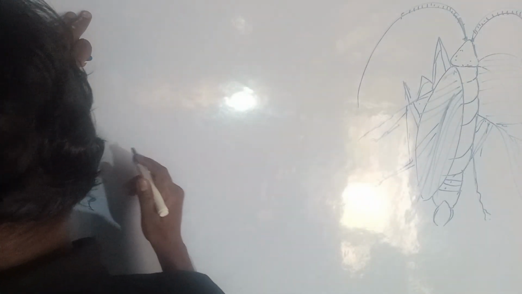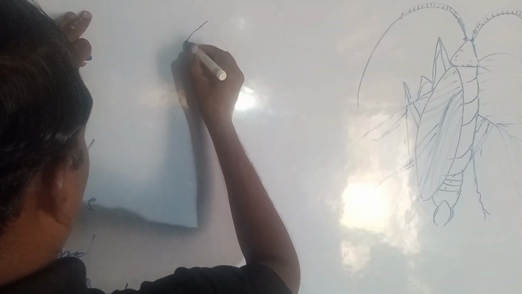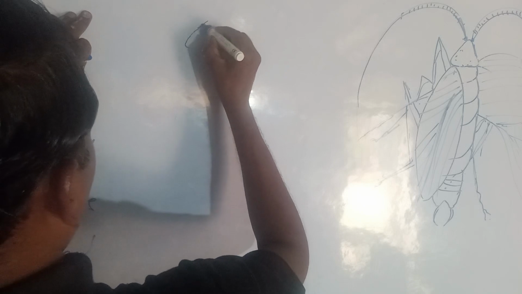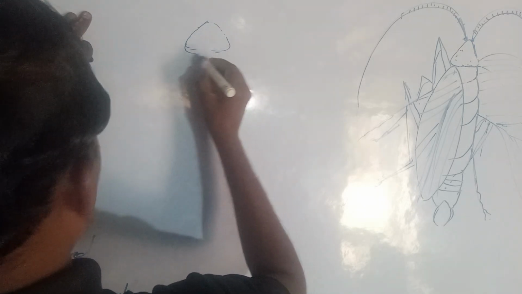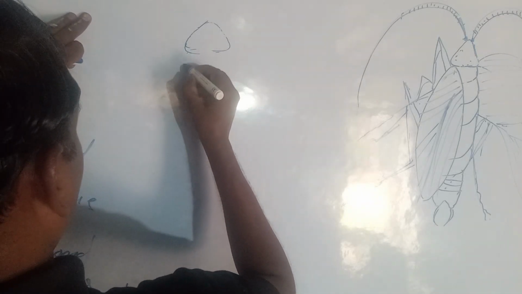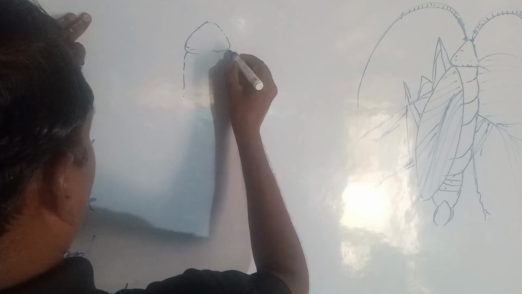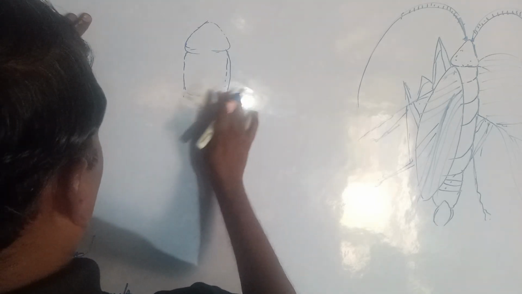Another structure we will draw here is Musca domestica. This is the structure of Musca domestica, also called the housefly.